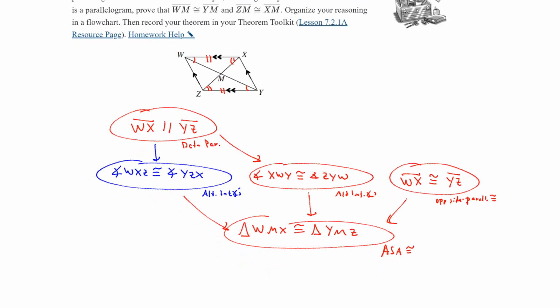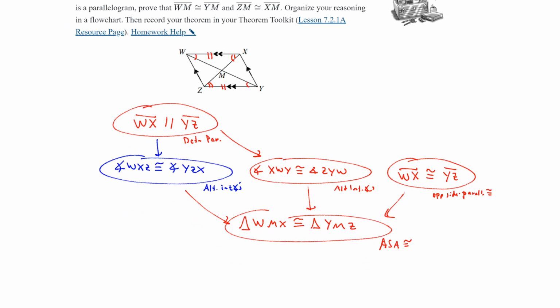So now that we know the triangles are congruent, we also know their corresponding parts are, which means side XM is congruent to ZM, and then WM is congruent to YM. And that's what we were trying to prove in the beginning. So from the triangle congruency, we now know that, once again, line segment WM is congruent to YM.